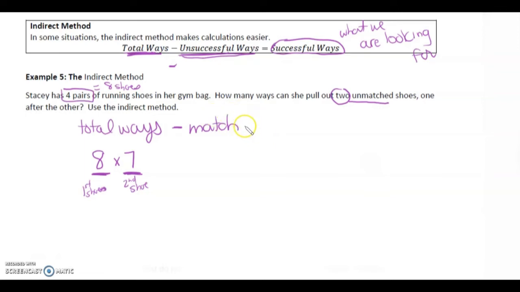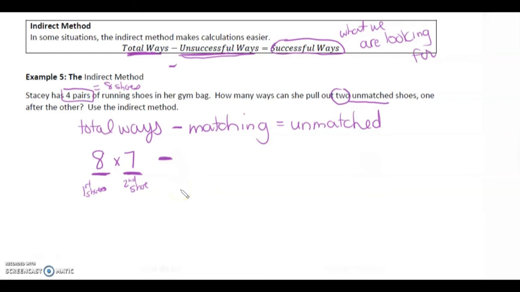So we want to take away how many different ways she can have matching shoes, and that's going to leave us with how many ways she can have unmatched shoes. Remember, unmatched shoes is our success in this case. So 8 times 7, and then we're going to subtract.